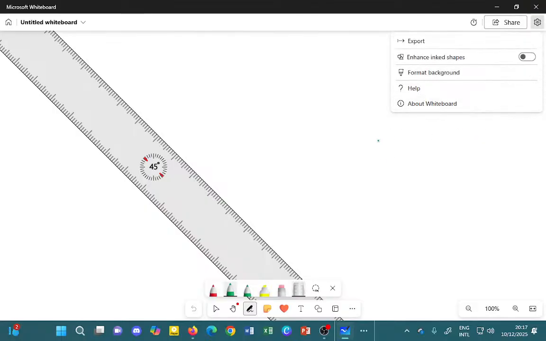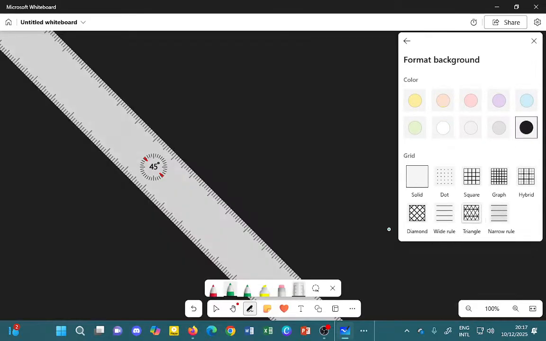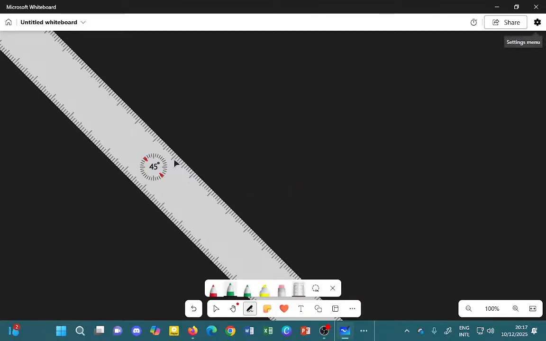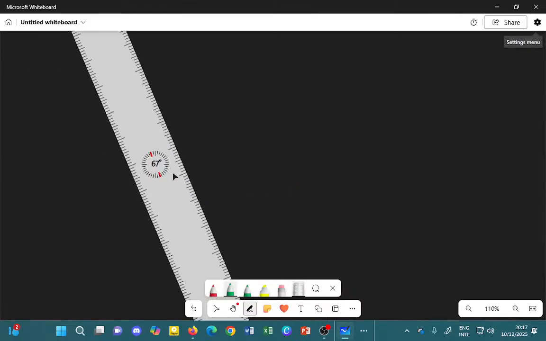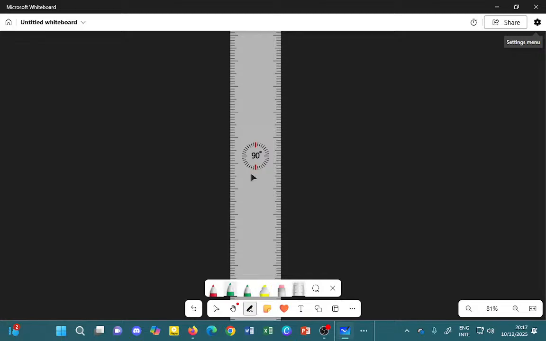Let me see what I want with it. To format the background, I want dark. That's good for me. It's a new page. I need to do this again. So here, I want to draw it using this.